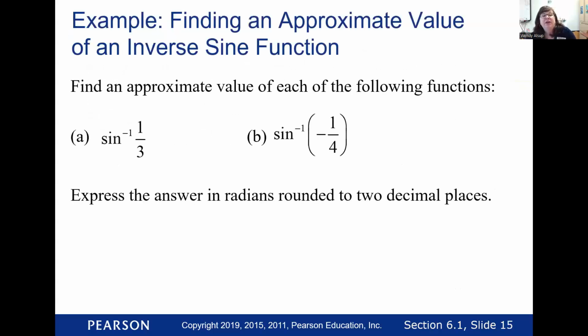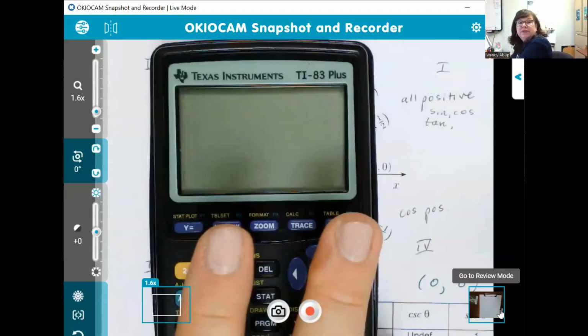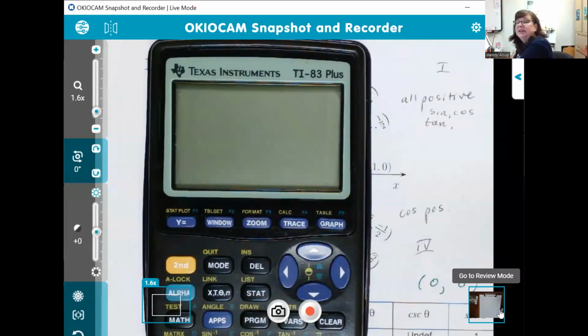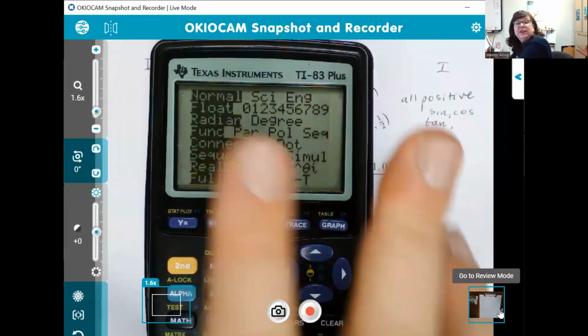All right, how about if we want to do it on the calculator? Inverse sine of 1/3, and we want to express our answer in radians rounded to 2 decimal places. Let's go over here and I'll show you on my calculator. I'm going to go to mode and make sure I'm in radians.